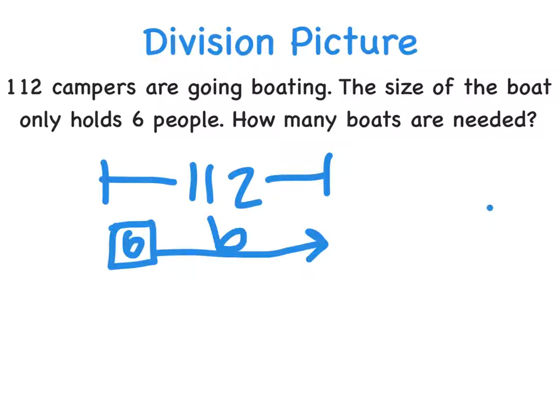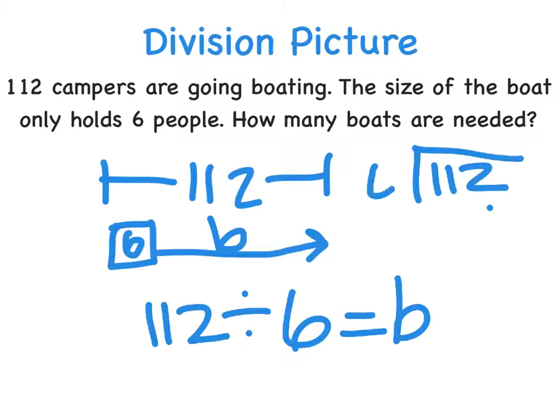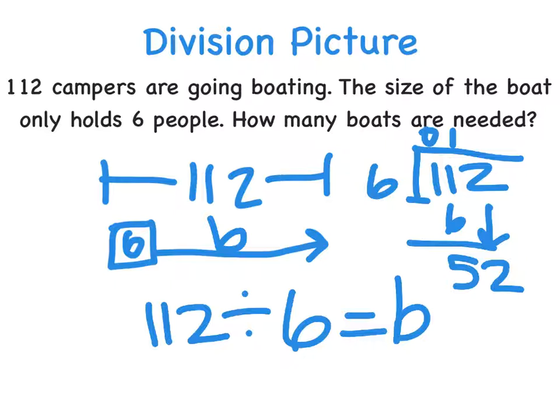Now I can write my equation. 112 divided by 6 equals B. B is standing for the number of boats. And when I solve, I see that 6 can't go into 1, but it goes into 11 one time, with 5 left over. And 6 goes into 52 8 times, which is 48.